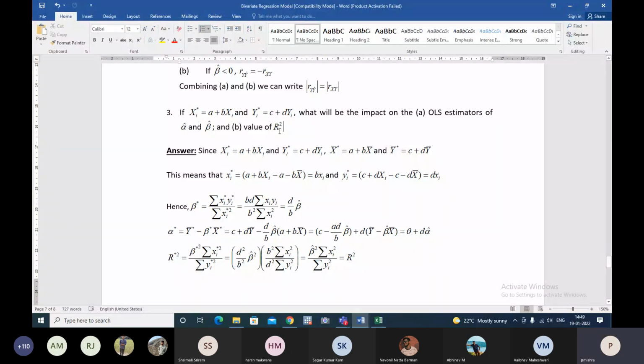Now, what we are getting from here, since we are changing the origin and scale of the variables, their respective arithmetic means will also change, and hence I can write small xi star as this, which will be nothing but b into small xi.